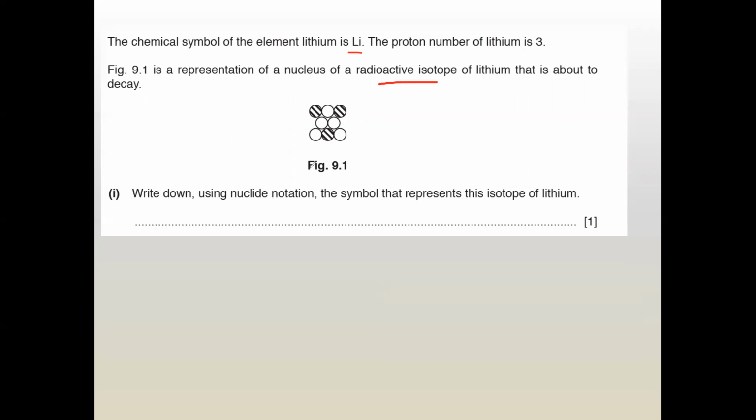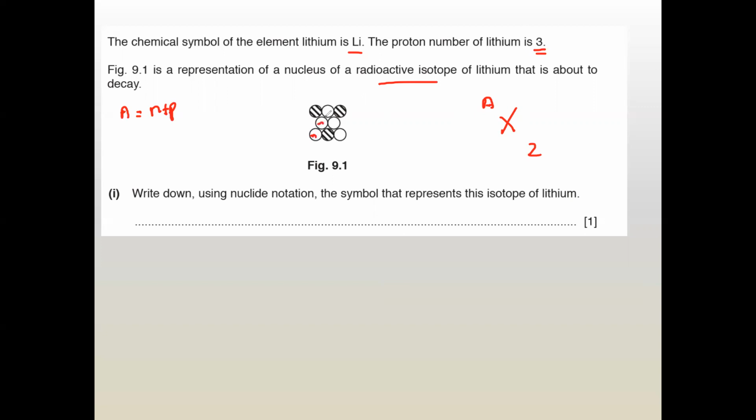So first thing, as we know, when we represent any nuclide, the symbol is A, Z, X. A represents the nucleon number. Nucleon number is the sum of neutrons and protons. So how many neutrons are there? They already mentioned there are 3 protons. The shaded parts represent the protons: proton, proton, proton.